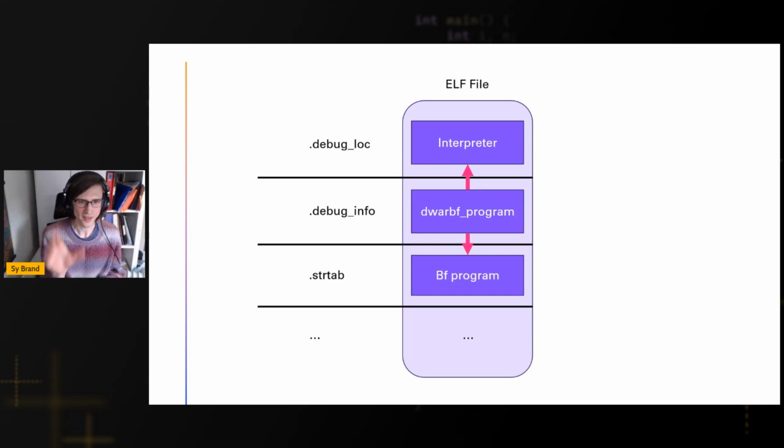And in there, I put an entry for a DWARF program variable, and that is how I link together my interpreter program and the program which I'm interpreting. That program I store in .strtab, which is just the string table. So this is going to get loaded into the address space when the regular x64 program is loaded by the operating system.